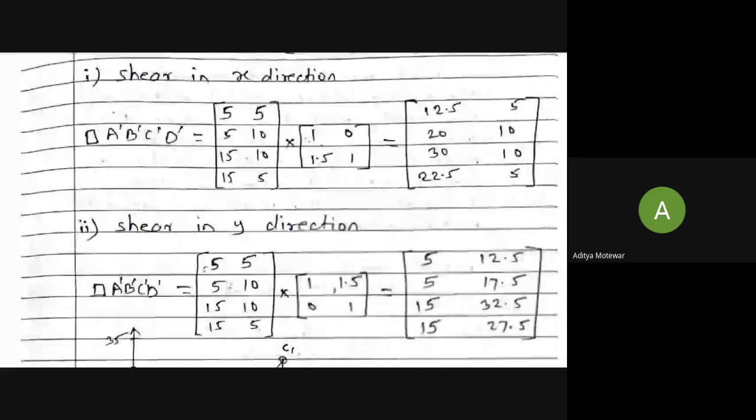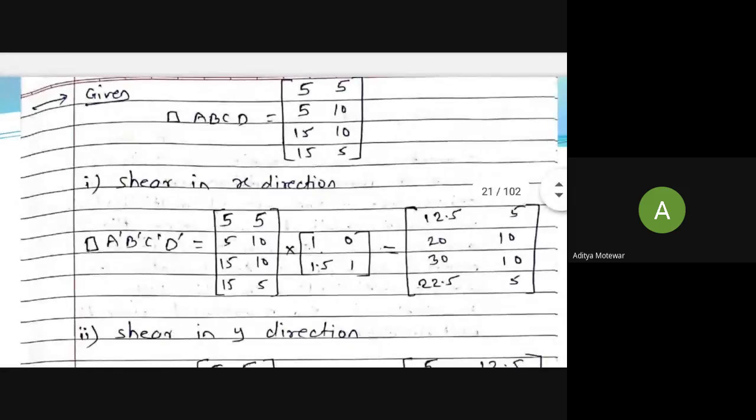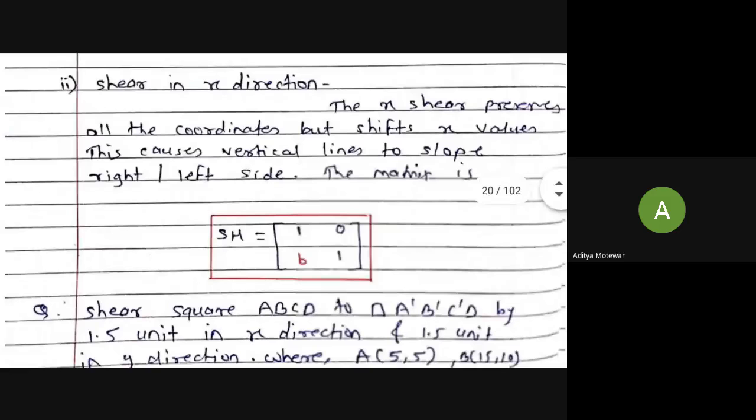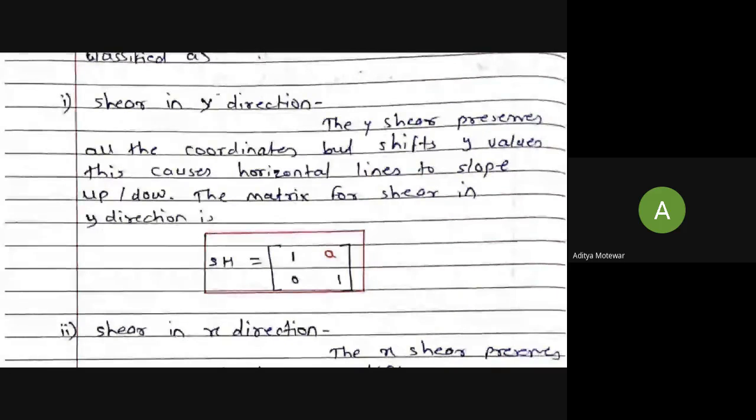After the lecture, try to understand and remember these formulas. If shear in x direction, only the value of B. Shear in x direction is [1 0; B 1], and for the y direction [1 A; 0 1]. This is very simple, but try to remember it.